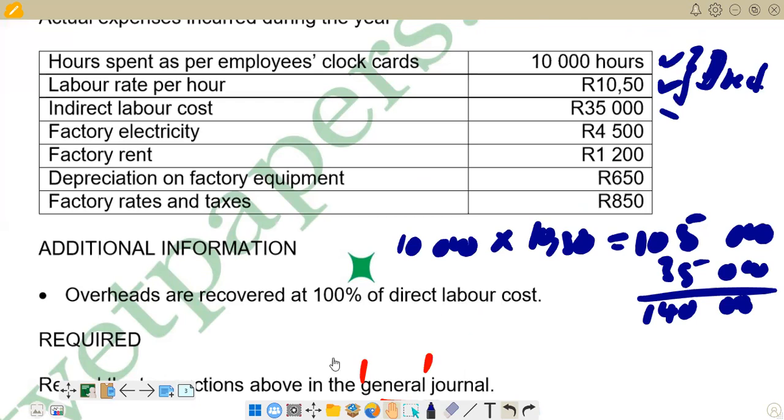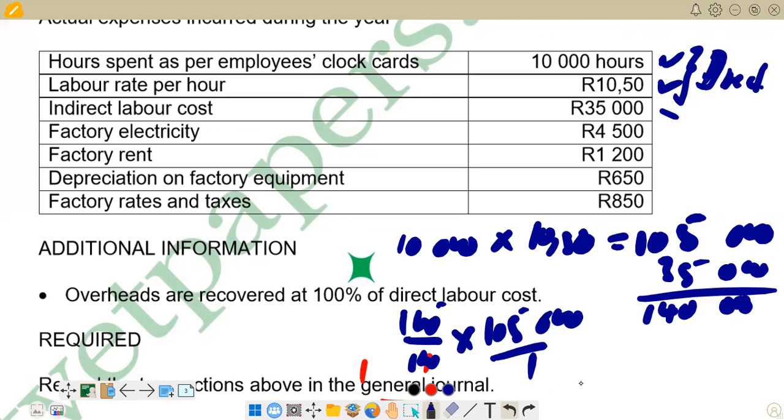So what does it mean? It means it's 100 over 100. If it was 50%, you're going to say 50 over 100. But this is 100, so it's going to be 100 over 100. And then we multiply by the figure for direct labor cost, which is 105, if you still remember. And obviously, you get again 105,000.